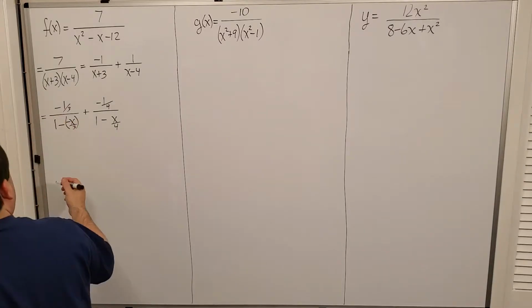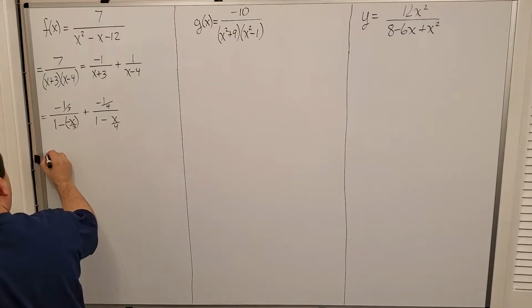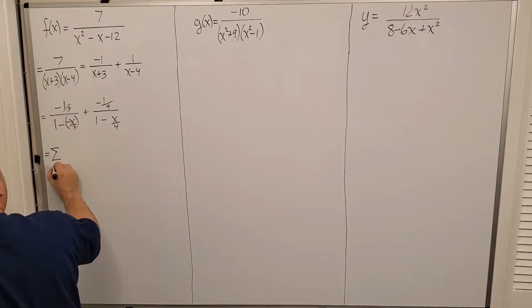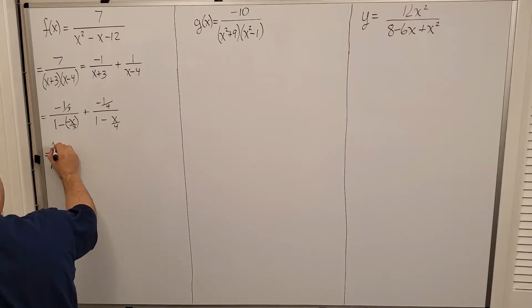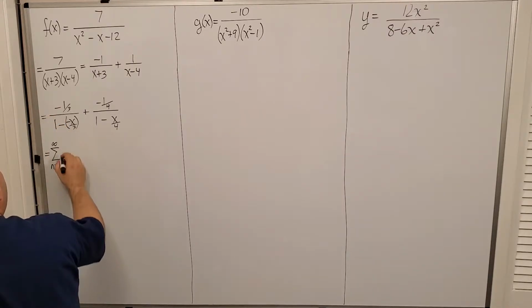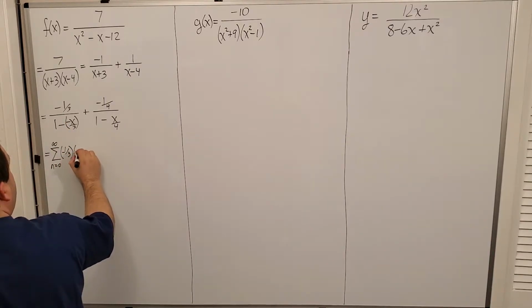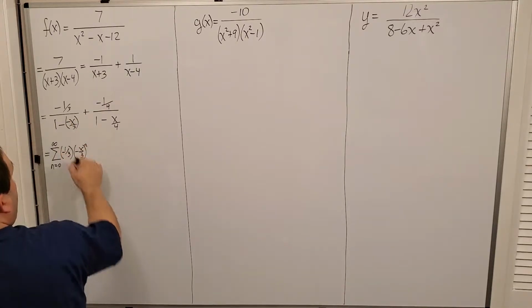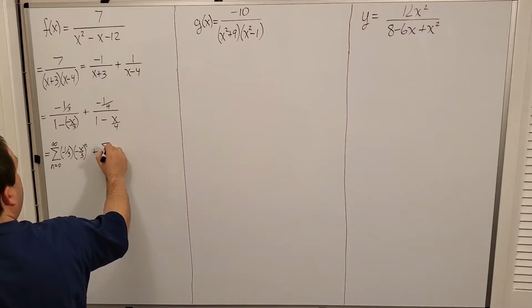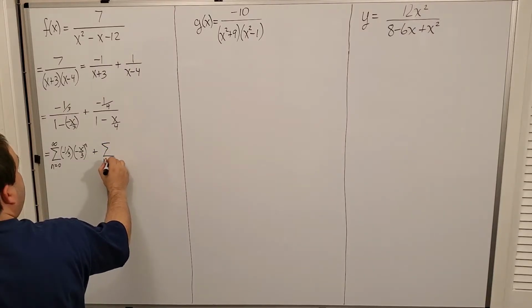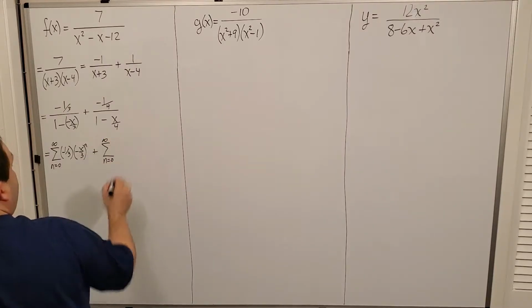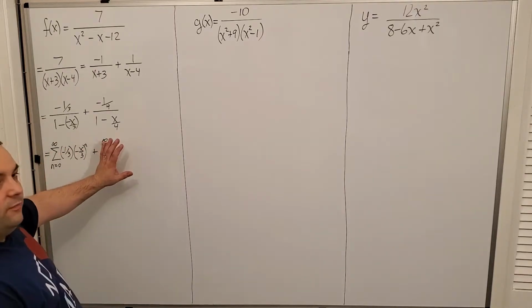Okay? So let's set them up. I have the sum, n equals 0 to infinity, of negative 1/3 times negative x over 3 to the n, plus the sum, and you can use the same letter n here, that's fine, because I'm just going into a different series.